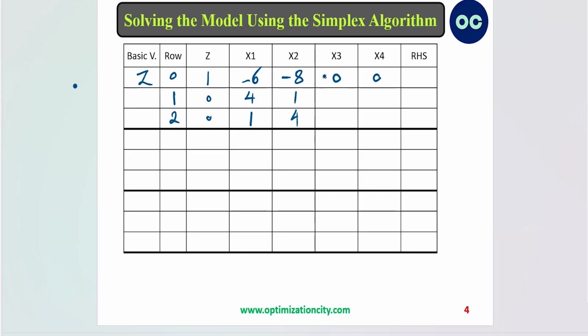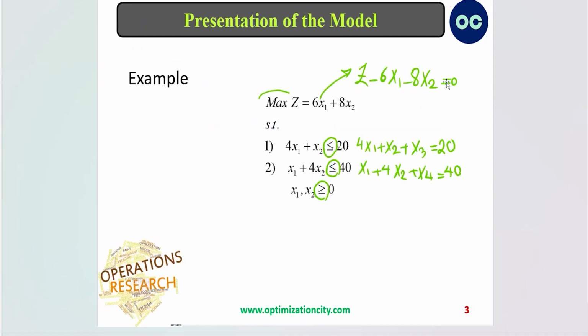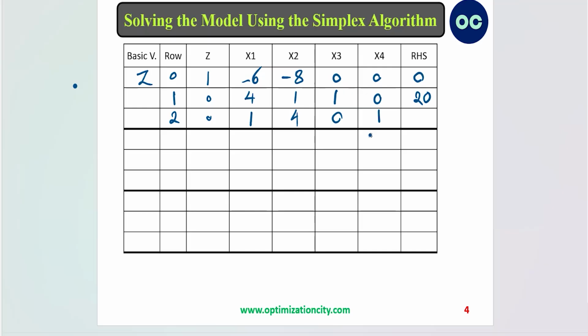For x3, in row number 1 it is 1, and in row number 2 it is 0. For x4, in row number 1 it is 0, and in row number 2 it is 1. The right-hand side is 0 for the equation of the objective function, and 20 and 14 for the constraints.